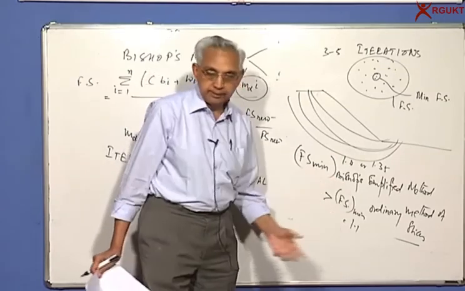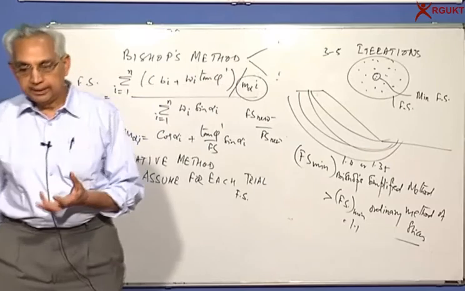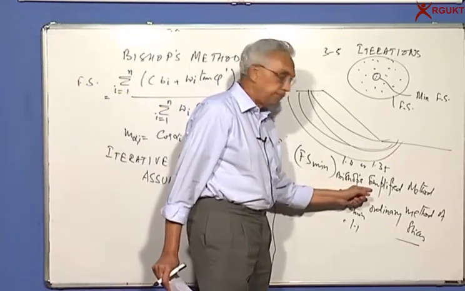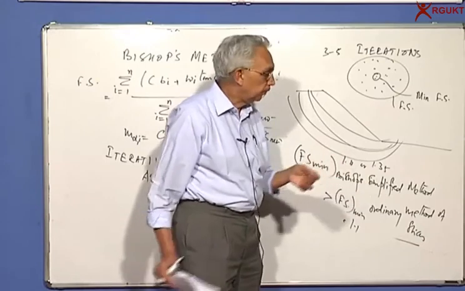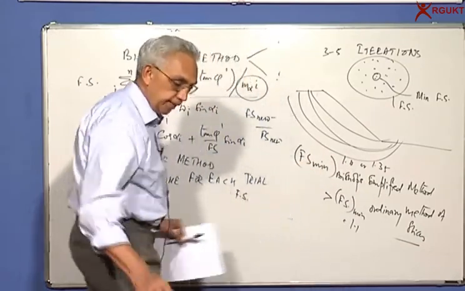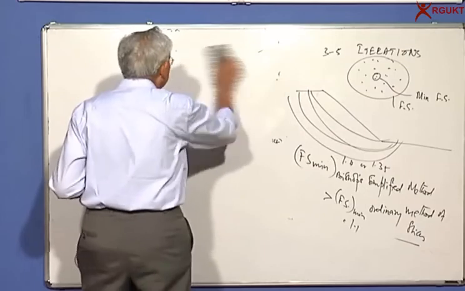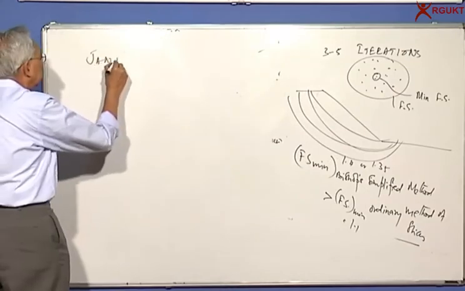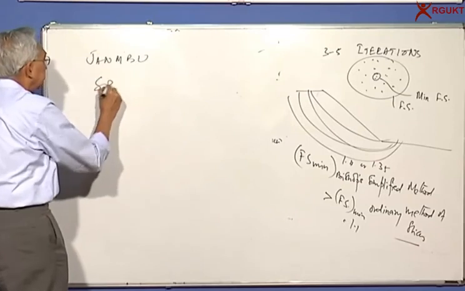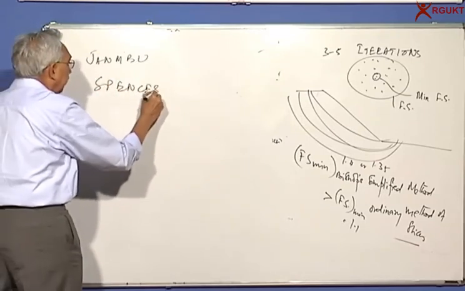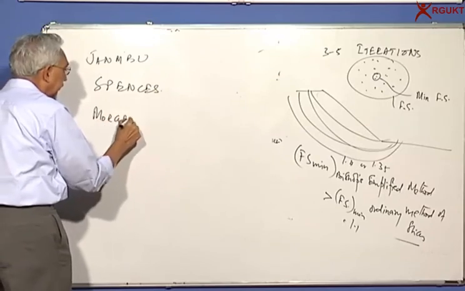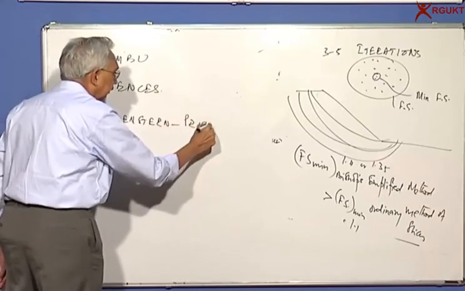We have gone through this derivation only to illustrate the method of approach, but really we go for Bishop's method or some of the more rigorous ones, like we have a Norwegian who has given a method called Janbu's method, or another Britisher, Spencer, and the ultimate is called Morgenstern and Price method.